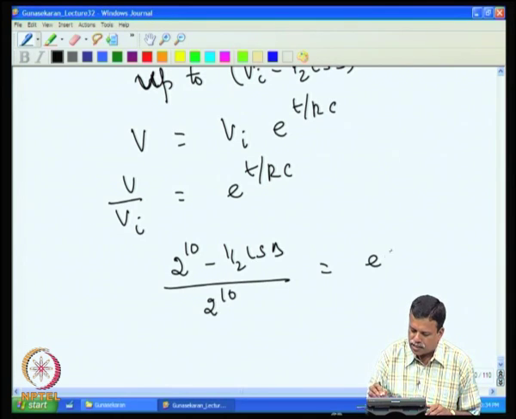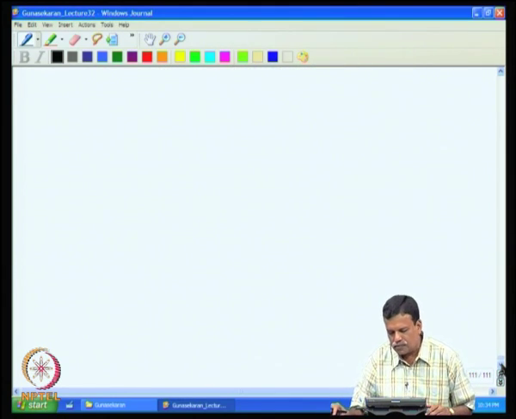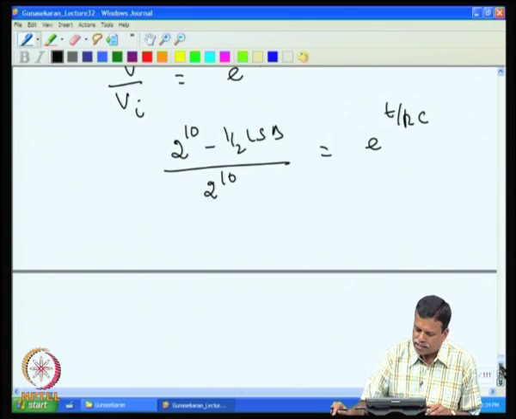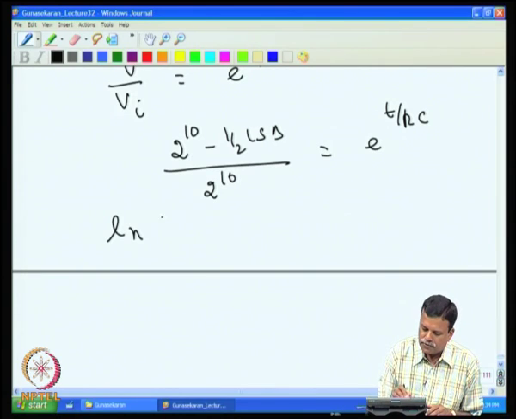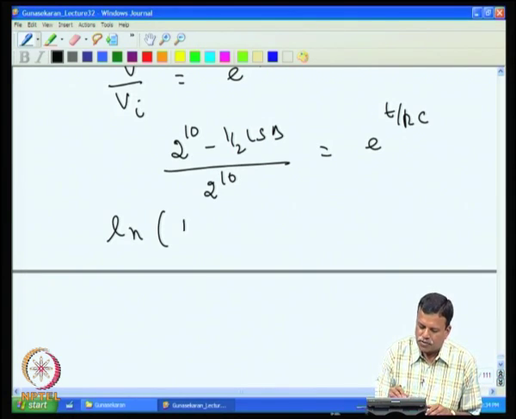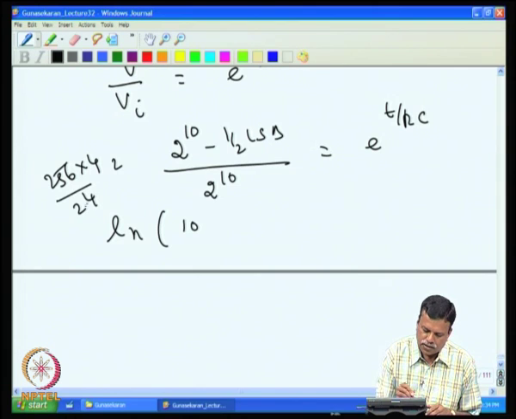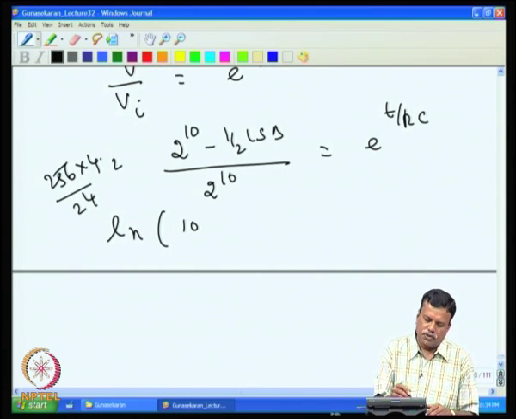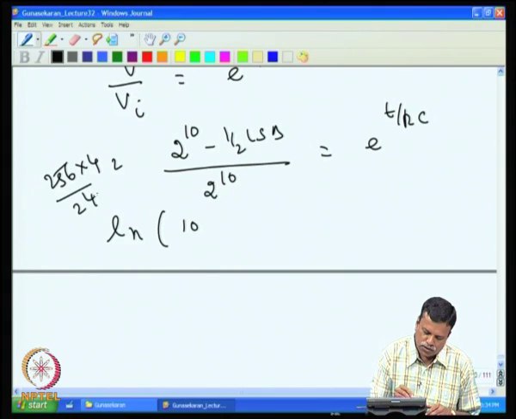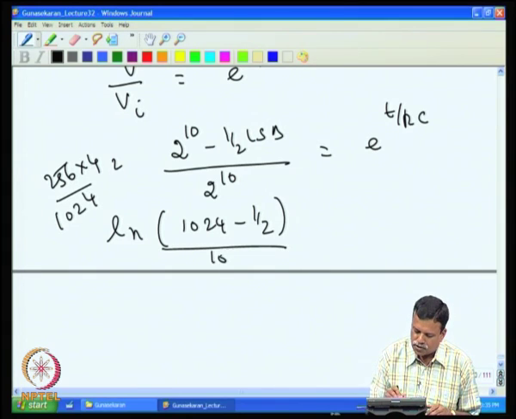If I take log on both sides, you get ln of 2 power 10, 1024 bits are there, minus half divided by 1024, that comes as e power t by RC.